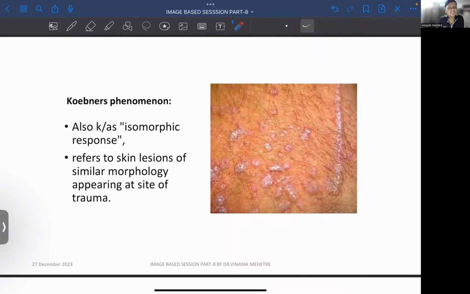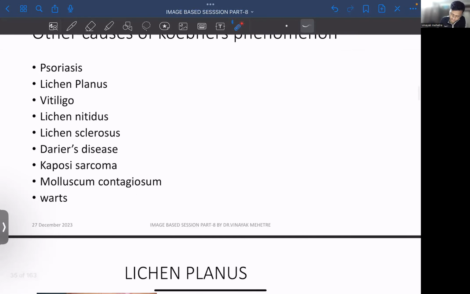Now tell me the causes of Koebner phenomenon. What are the classical causes of Koebner phenomenon? One I have already taught, so I am teaching it along with this: one is psoriasis, second is vitiligo, and third is lichen planus. These are all causes of Koebner phenomenon. But remember, classical Koebner phenomenon is seen in only these three diseases: psoriasis, lichen planus, and vitiligo.